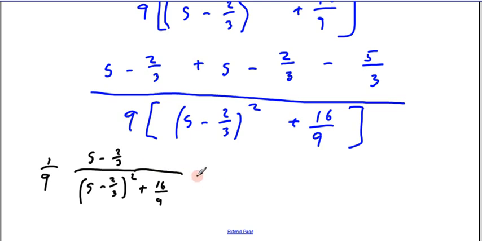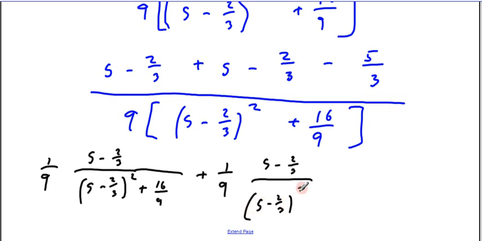And then I've got plus 1 over 9, s minus 2 over 3 divided by s minus 2 over 3 squared plus 16 over 9. And then I've got a minus 5 over 3.